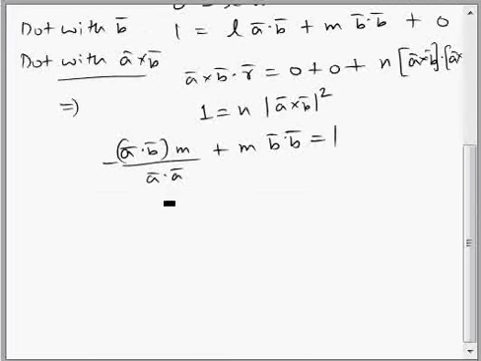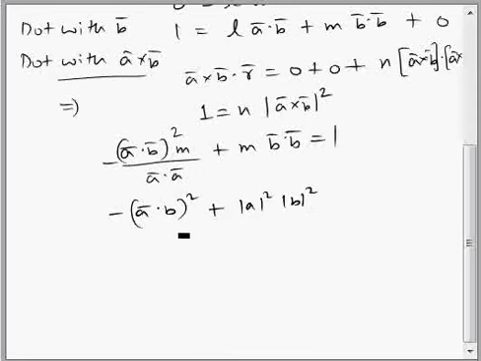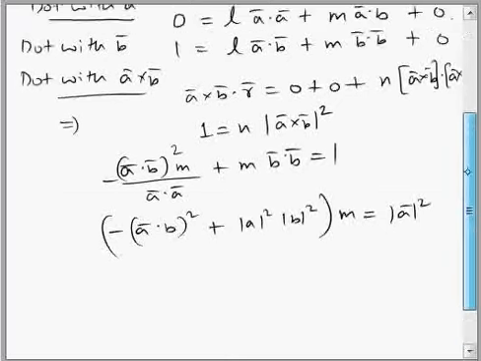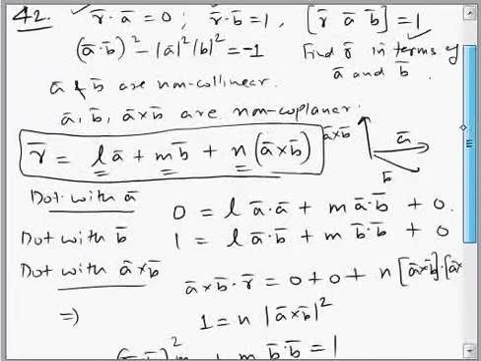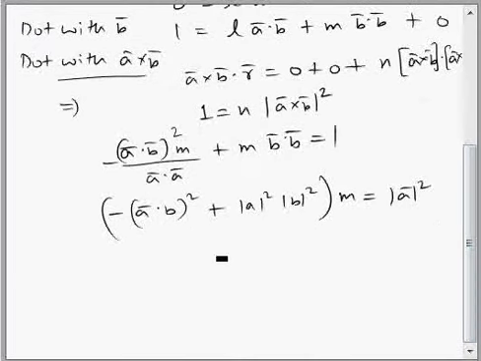Taking M common, it is minus (a dot b) square plus mod a square mod b square, into M, equals mod a square. You can see this is equal to 1 in the given part, so M equals mod a square.